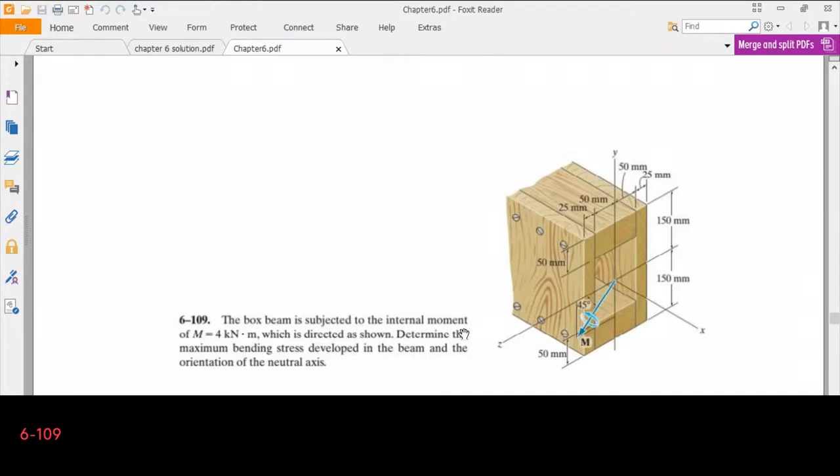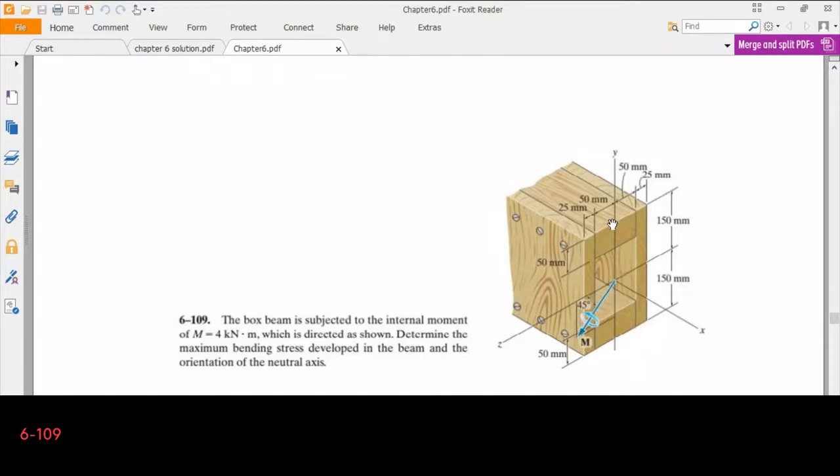Now, we have a moment, and we know that the moment is a vector quantity. In fact, we have a box, so a rectangular cross section, which is hollow inside, and the direction of the moment is given.